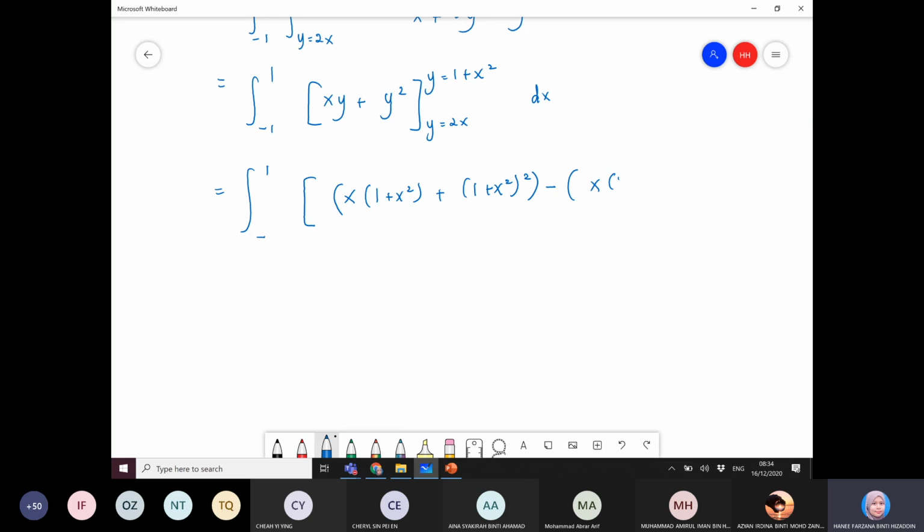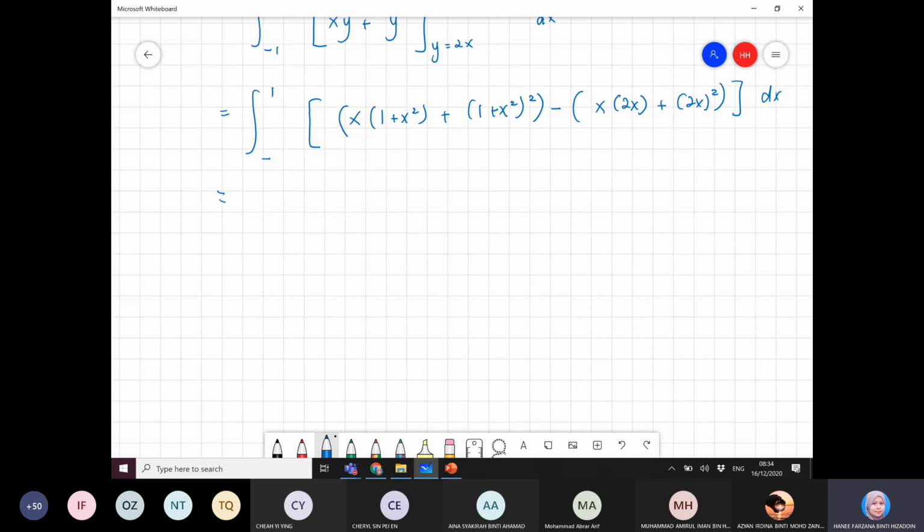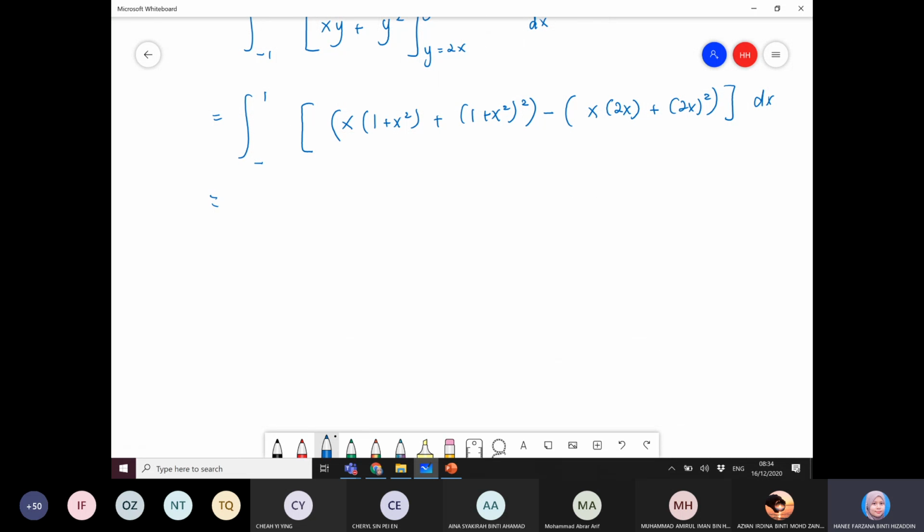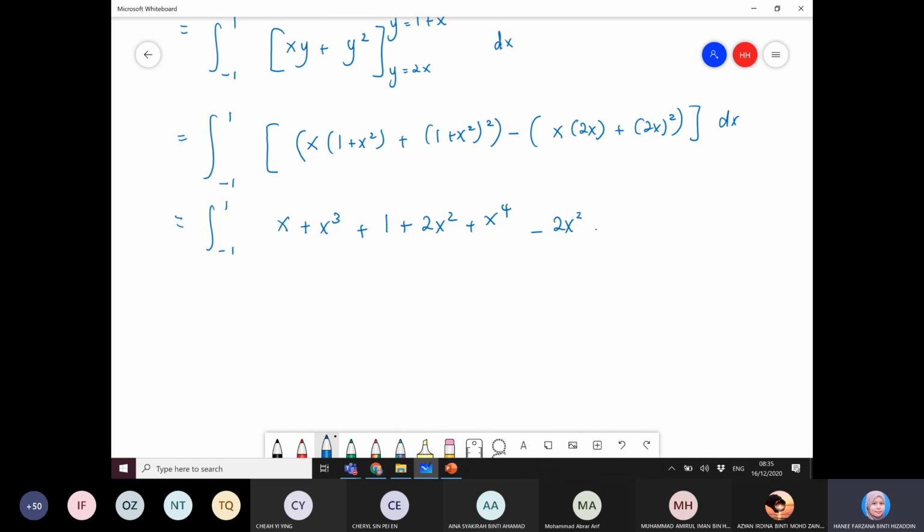So x times y is 2x cubed plus 4x squared. The next step is to simplify the expression inside the brackets: x plus x cubed plus 1 plus 2x squared plus x to the power of 4 minus 2x cubed minus 4x squared.